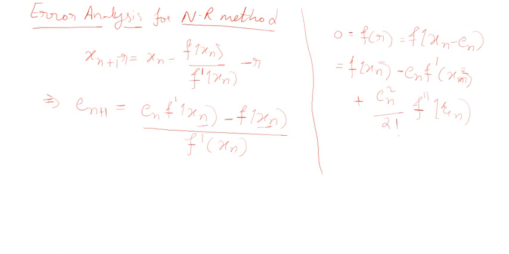So if you see 0 equals to this, this tells you that en times f dash of xn minus f of xn.